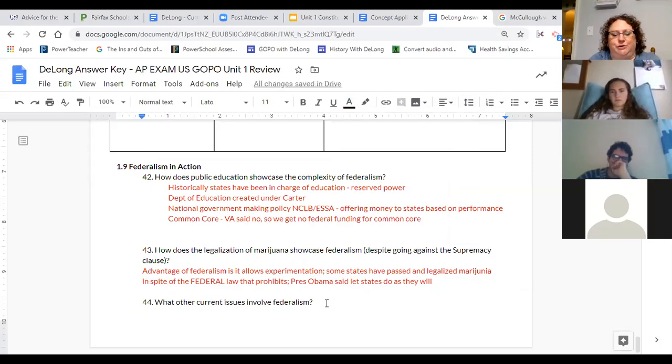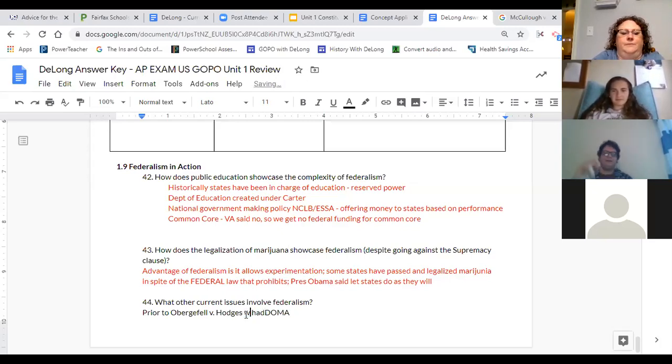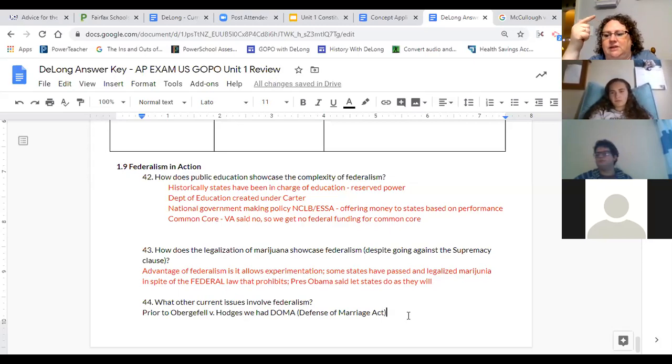So I would say, prior to Obergefell versus Hodges, we had DOMA, the Defense of Marriage Act, which was signed by President Clinton and said that states did not have to recognize same-gender marriages from other states.